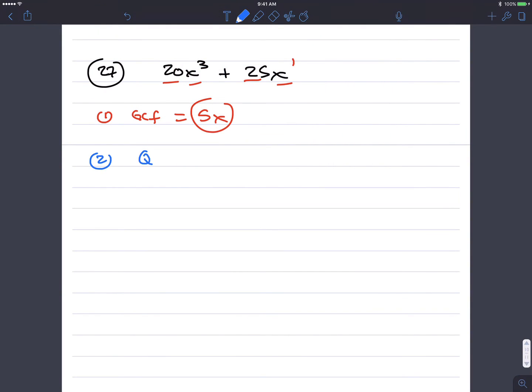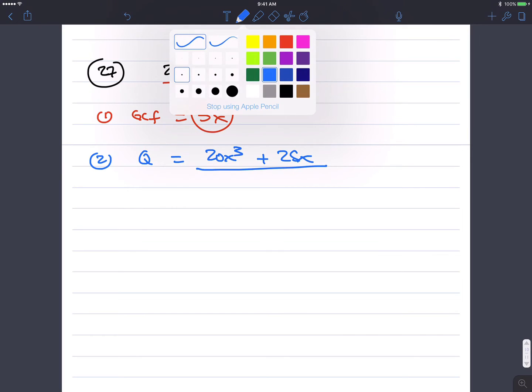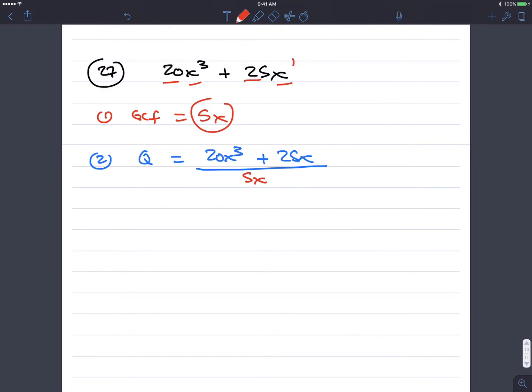Okay, second step, let's find the quotient. 20x cubed plus 25x divided by 5x. We can divide both terms. 20x cubed over 5x plus 25x over 5x. 20 divided by 5, what is that? 4. x cubed divided by x to the first, x squared. 25 divided by 5 is 5.